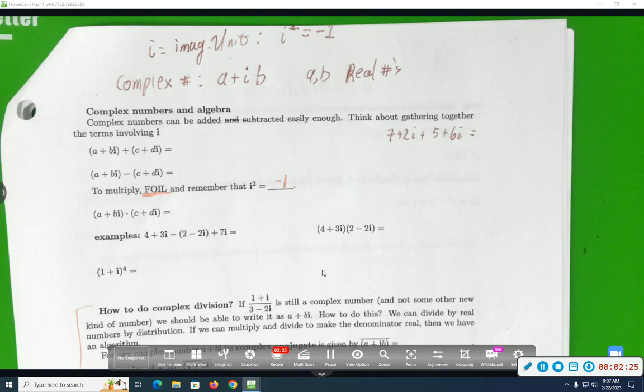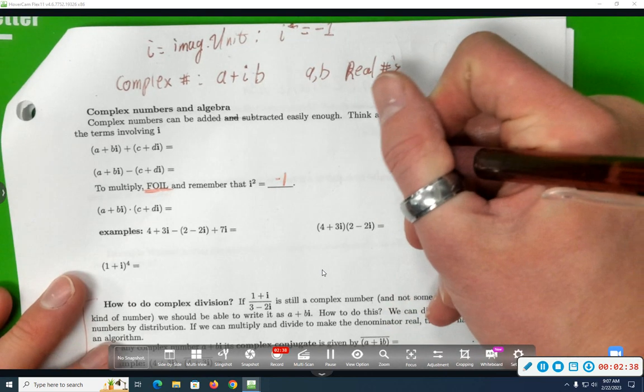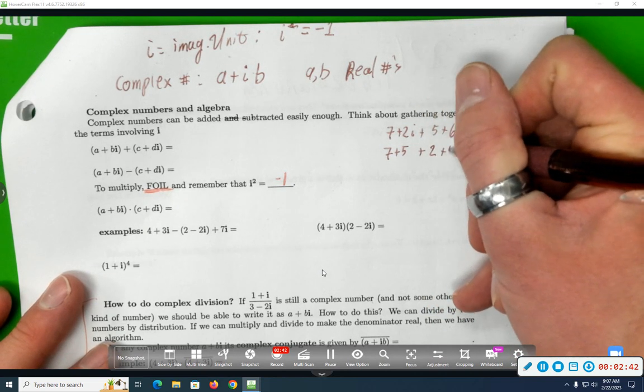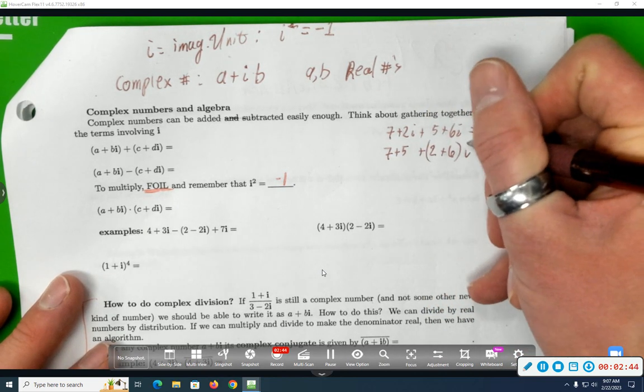Let's get similar numbers next to each other. Whatever addition is, it should commute. You should be able to rearrange the order of addition, and it should give the same result. So you should be able to write that as 7 plus 5 plus 2 plus 6. And you know what? Let's factor out that i.